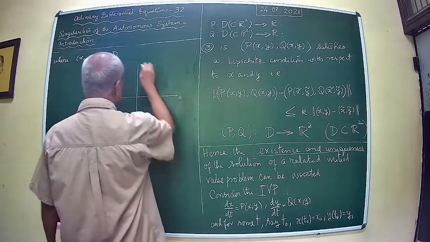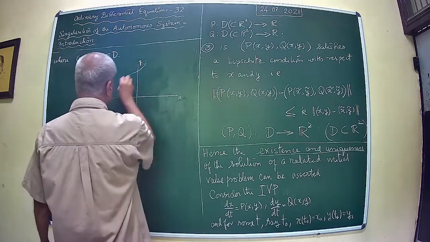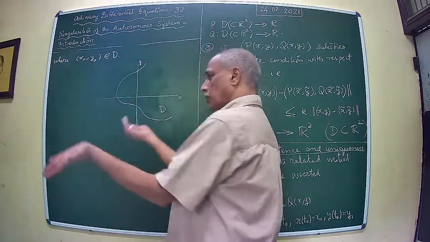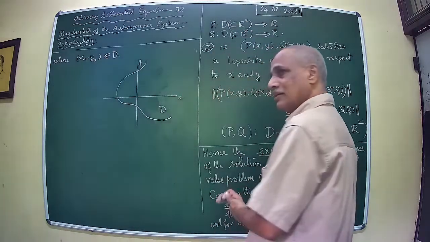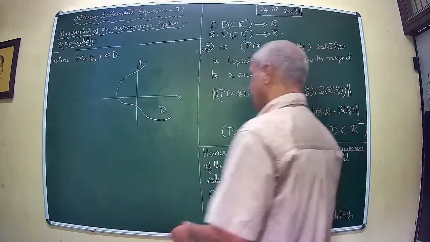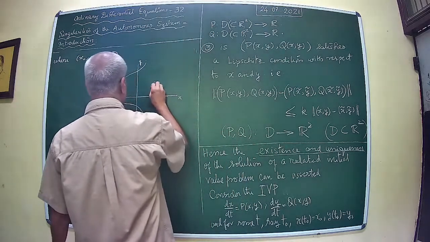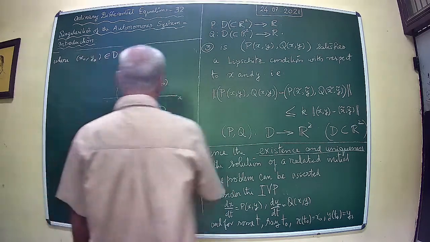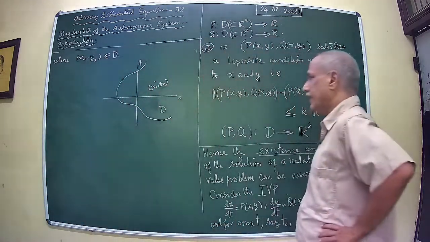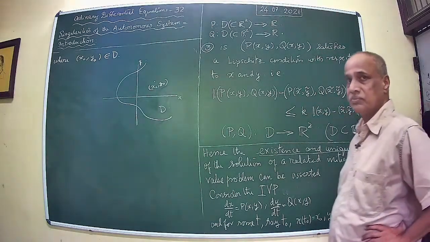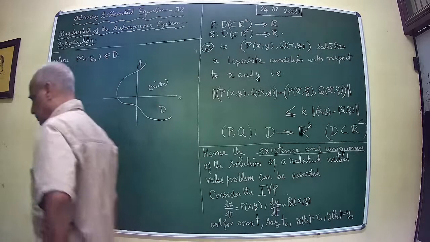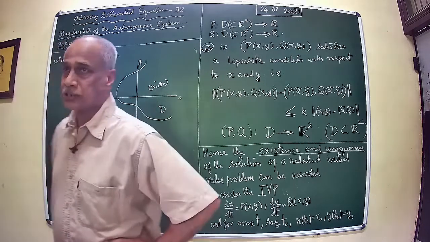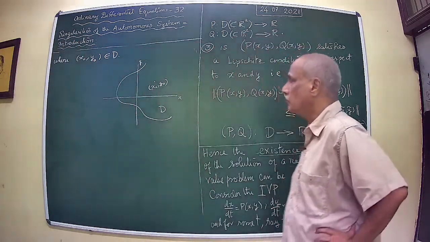Suppose this is the x,y plane, and this is D. This is the boundary of D. It may be bounded or unbounded or partly. We are not making any assumption at the moment. And (x naught, y naught) is a point given here, and this is given as the initial data for your solution. That means if you plot the curve corresponding to the solution, then it passes through the point (x naught, y naught).